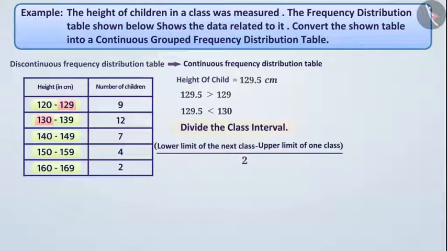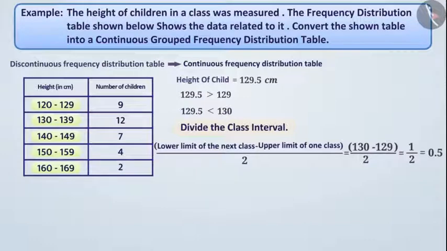Like we will subtract the upper class limit 129, which falls on 120 to 129, from the lower class limit 130 of the next class, 130 to 139, and divide the result by 2. This will give us the result as 0.5.